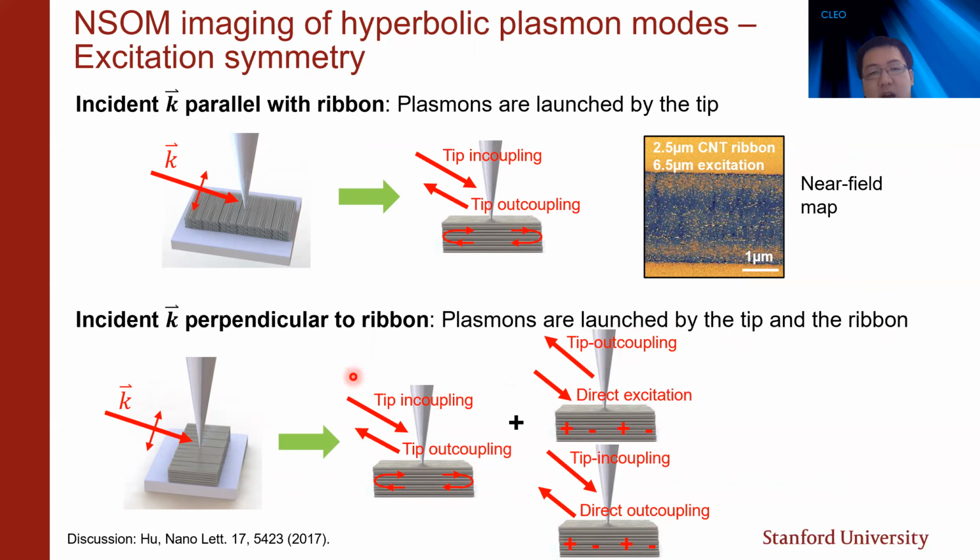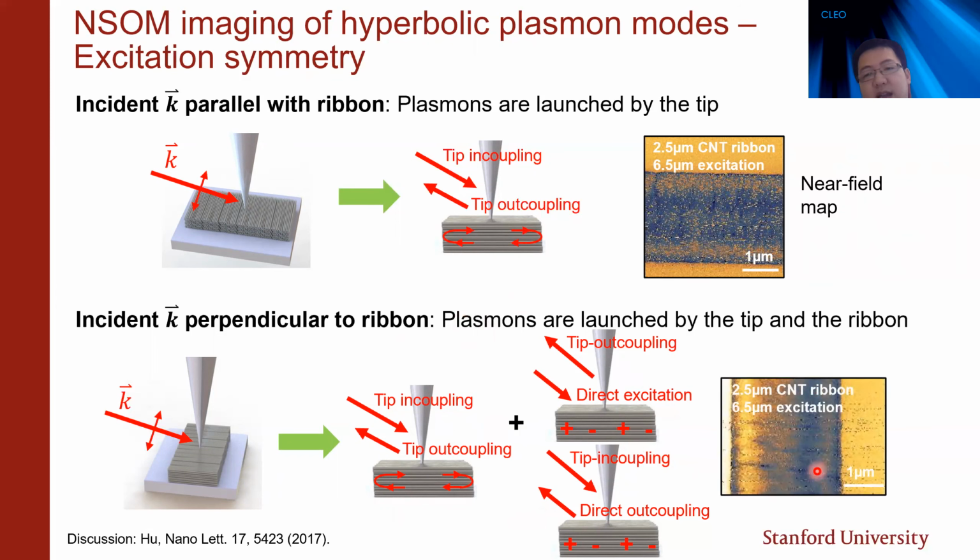This tip launching mode will have a symmetric contribution shown here, but this directly coupled mode will have an anti-symmetric contribution. When these two contributions add up, we will see this asymmetric near field profile.